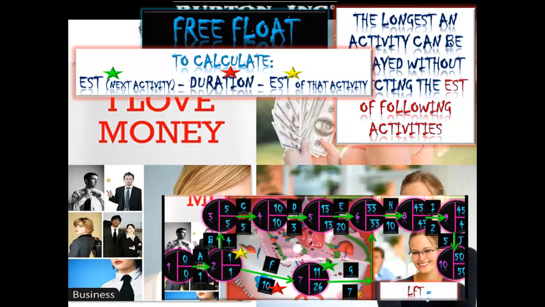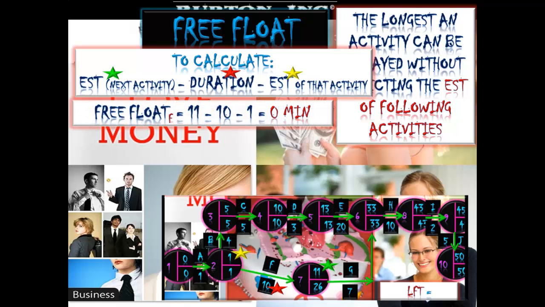So the activity that we are looking at again is activity F. The earliest start time of the next activity and the earliest start time of that activity are the other numbers that we're interested in.